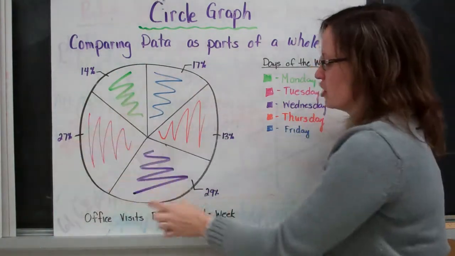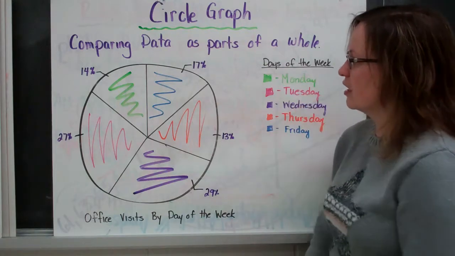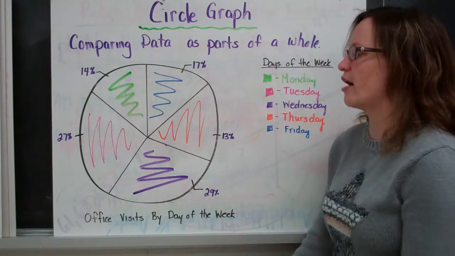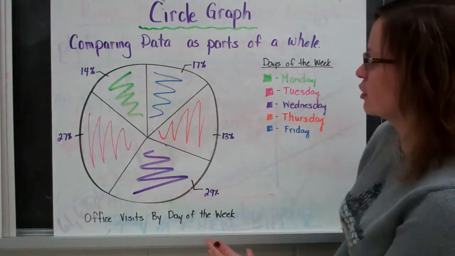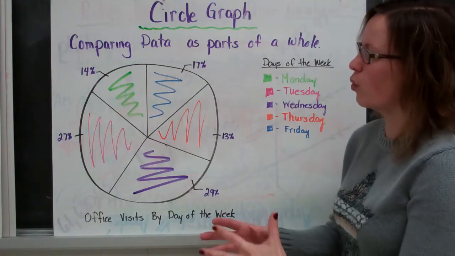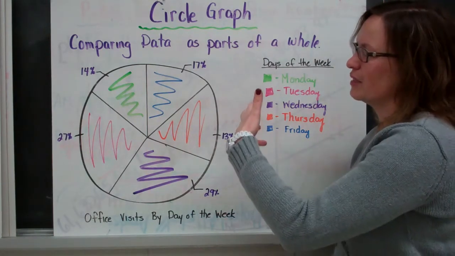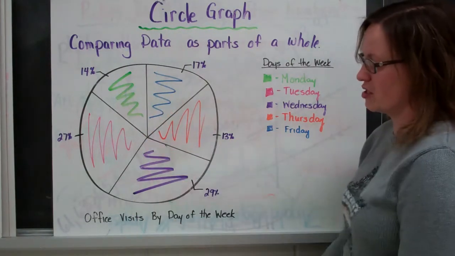I have my percentages of the data of how many students go. It's normally better to use a circle graph when the numbers are not so close, because when I first look at this, I think, well, there isn't one group that really stands out, so it's not really allowing me to interpret any kind of data from this representation.